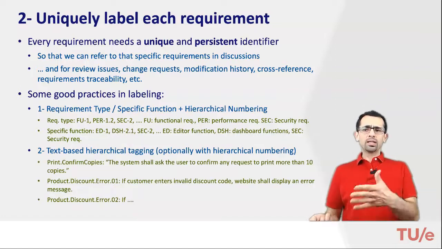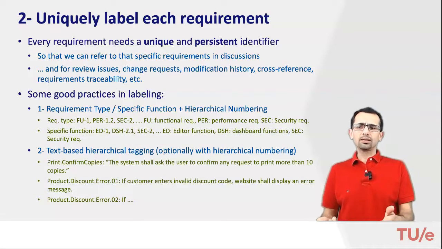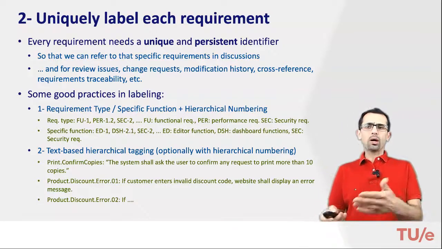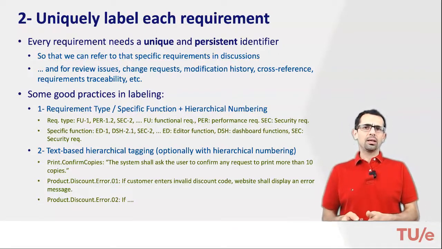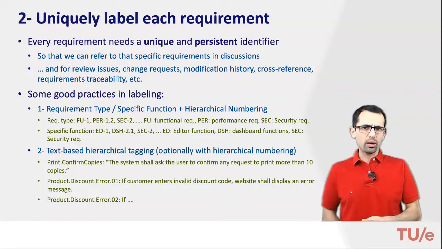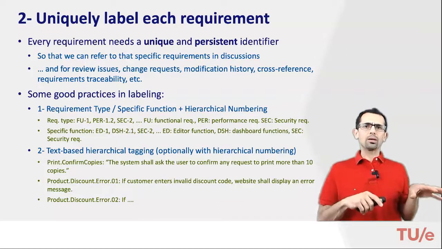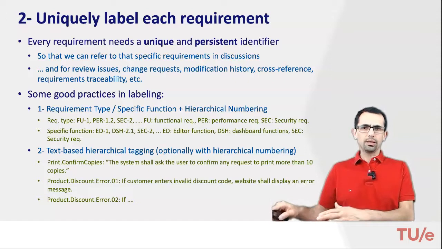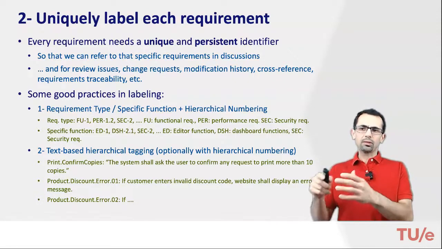Or another one, text-based hierarchical tagging with an optional hierarchical numbering. This is the one that I think the template has followed. You will see examples of this way of uniquely labeling your requirements in the example document that we posted for assignment C. Okay, so like print, confirm, copies.